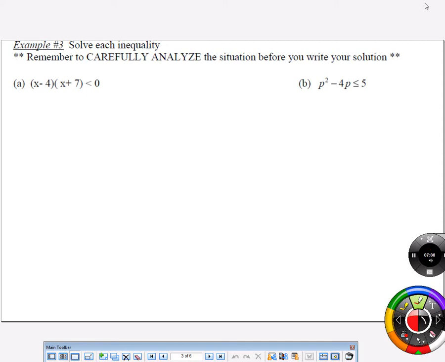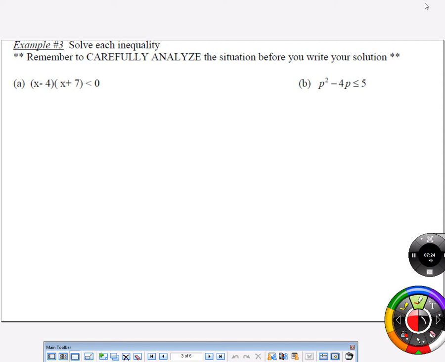What are going to be the zeros of the function that's on the left? You see what's on the left and what's on the right in part A. When is what's on the left going to equal 0? It's already factored for you. Yes. Good. 4 and negative 7.